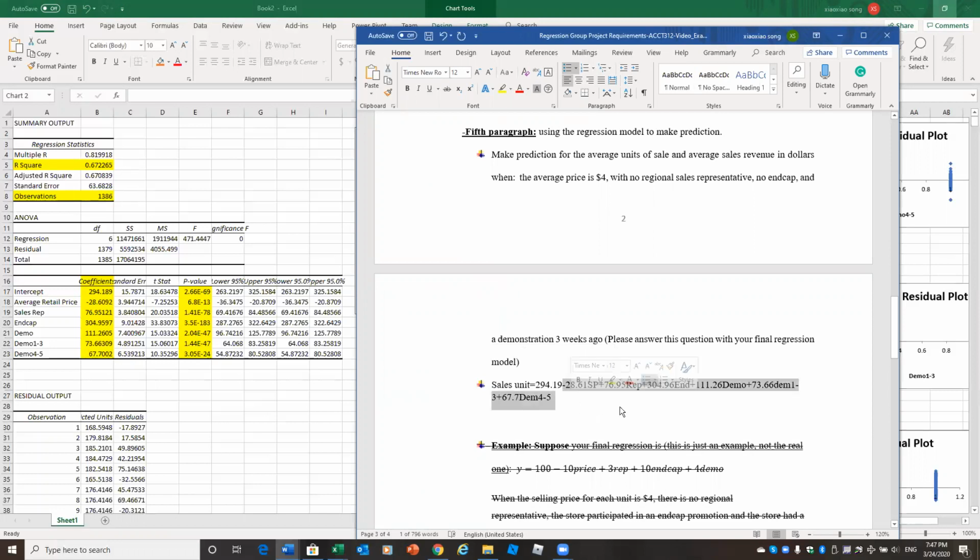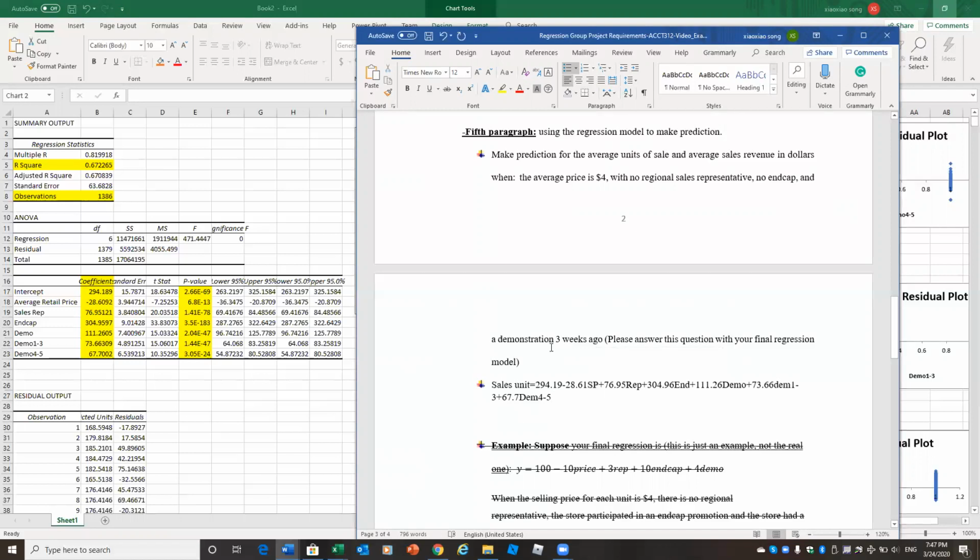It means without any other marketing activity, no representative, no selling price, without anything, your basic sales will be 294.19 units. And then if you increase the price by $1 more, it will decrease by this. If you have a representative, it will predict an increase of this.